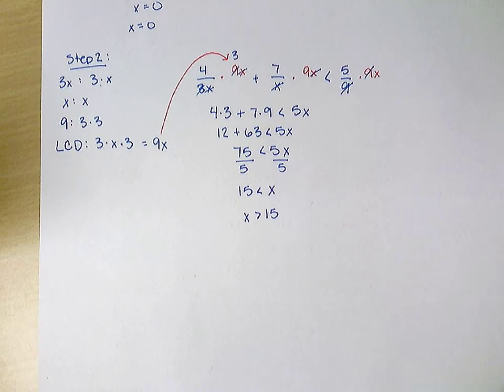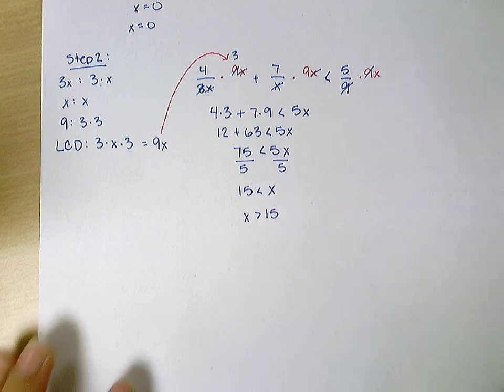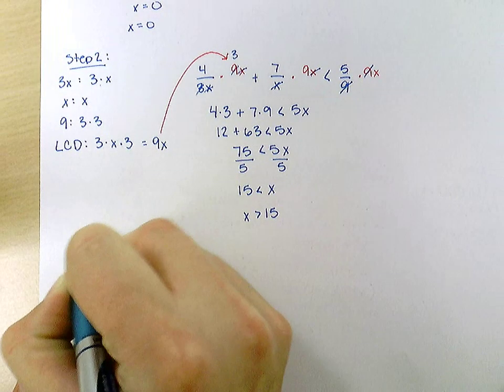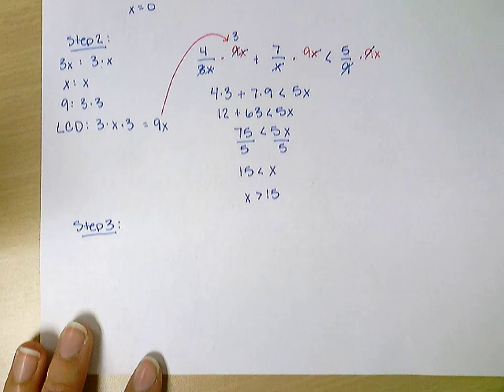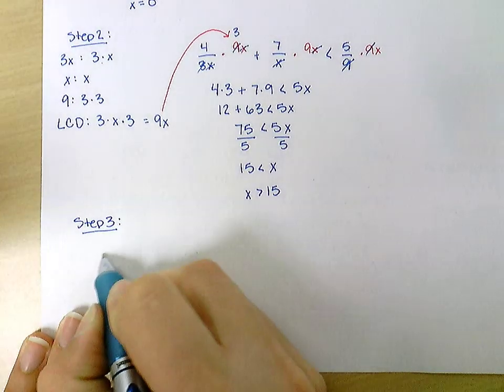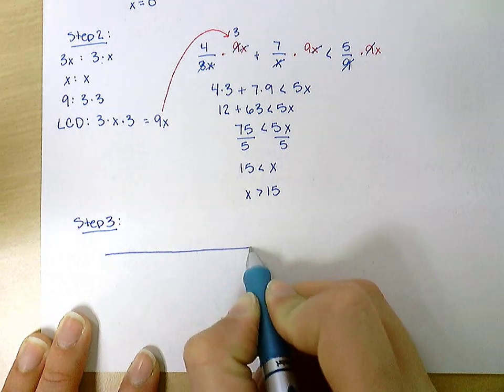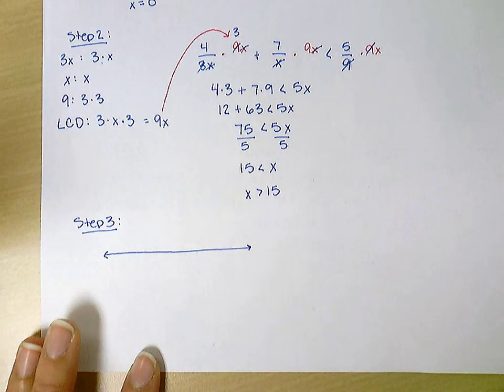Okay, our next step, so step 3, is to create a number line with our restrictions here, with our intervals. Here's the number line.